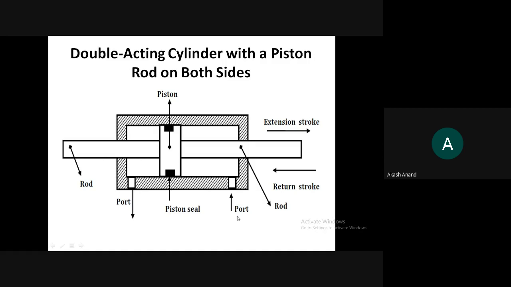I can simply explain with the help of a pressurized liquid. That is, I am explaining with the help of a hydraulic driven actuator or a cylinder. So when a pressurized liquid enters through this port, the piston will move in the left direction. Okay, this direction.